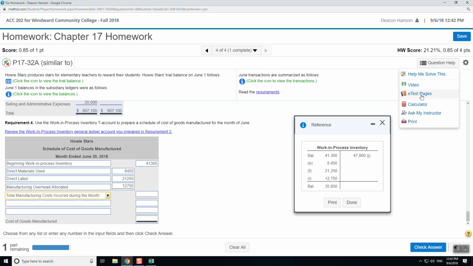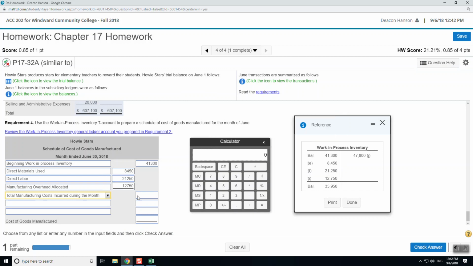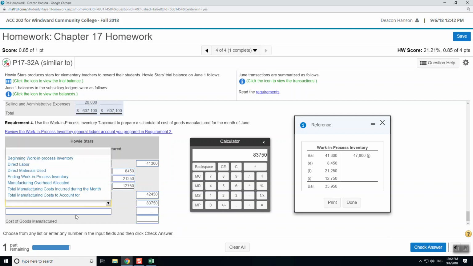Okay. So you really have, it's kind of like a periodic method going on. Beginning plus what was incurred and minus what you have at the end. So I'll just add these up. And I believe that's going to end up being 42,450. You add the 2 together, so beginning plus what was incurred, and that's going to be labeled total cost of work in process. Okay.